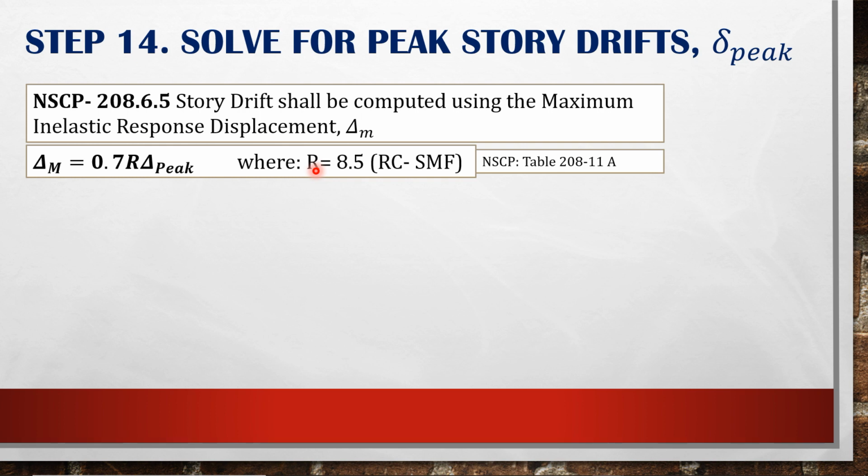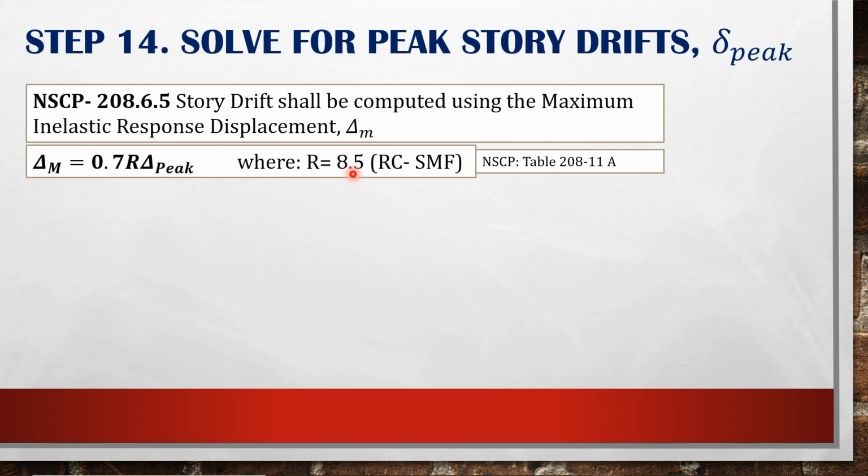So makikita natin doon yung reinforced concrete sa letter C, kasi mayroong A, B, C, D, no? So doon sa letter C, section C, sa table. Sabi doon, reinforced concrete special moment frames R is equals to 8.5. So, ito yung gagamitin natin, 8.5, no? Ito yung ipa-plug in natin dito na value.